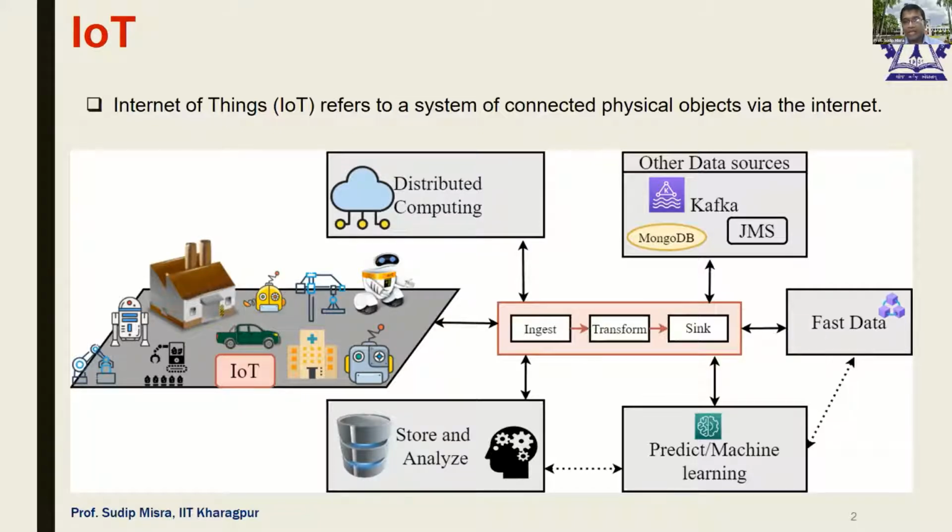So the data has to be ingested, it has to be transformed, it has to be sent to the sink, and thereafter the data will have to be analyzed, right? So you store the data, you analyze the data, and the analysis ranges from basic statistical analysis to many advanced machine learning and deep learning kinds of analysis, right?